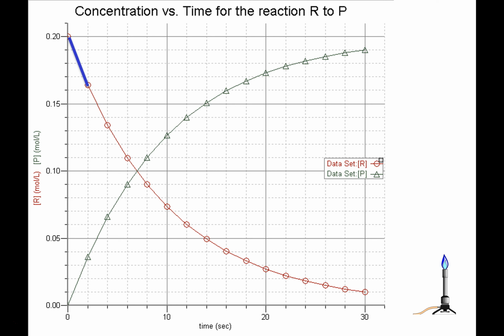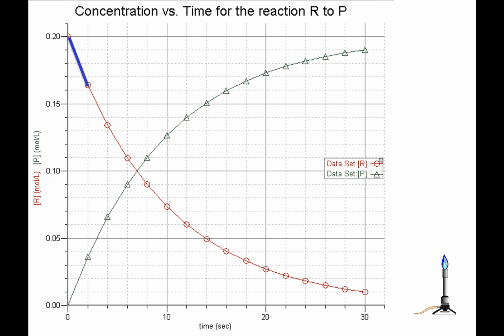Some of you may already have a sense for this. Reaction rate is going to be the change, that's the delta, in molar concentration of either the reactant or the product, and we're focusing on reactants, over the change in time.